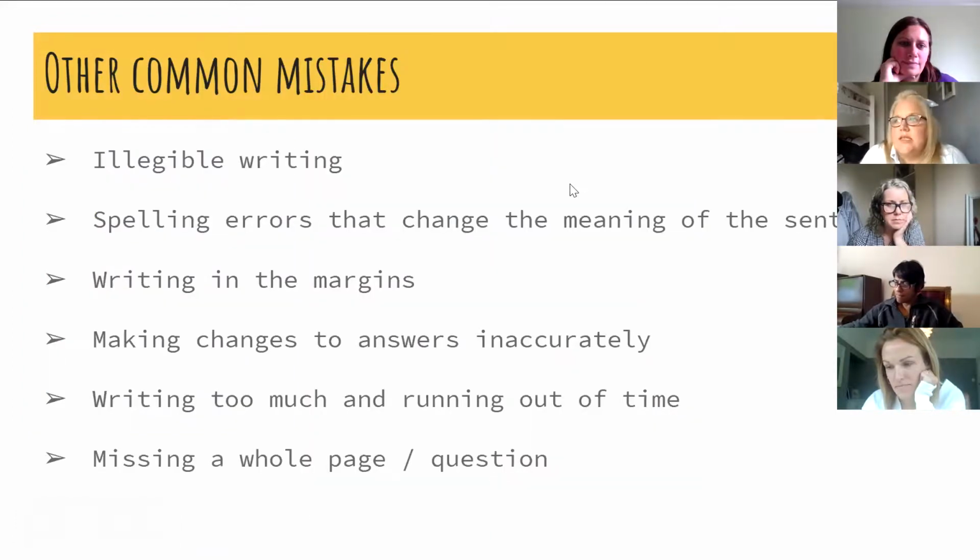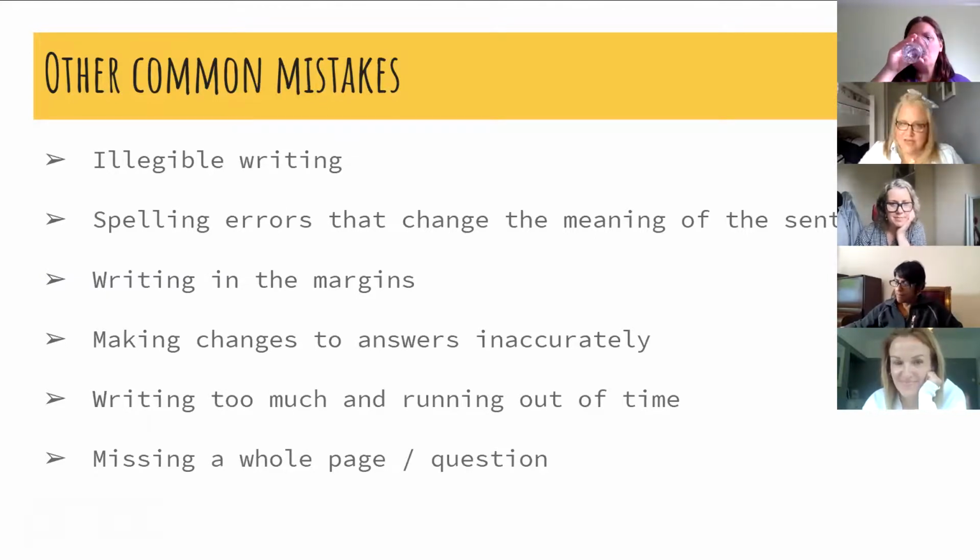Other common mistakes that I've often found that I will include is illegible writing. So I might write the correct answer, but I might make it a little bit hard to read, which, if an examiner can't read the answer, you're not going to get the mark. Spelling errors that change the meaning of the word completely, using a homophone mistake, things like that. Writing in the margins, a little thing like that, that came up 2 weeks ago.